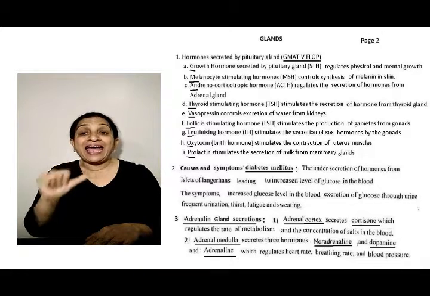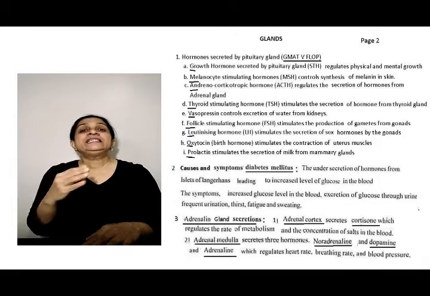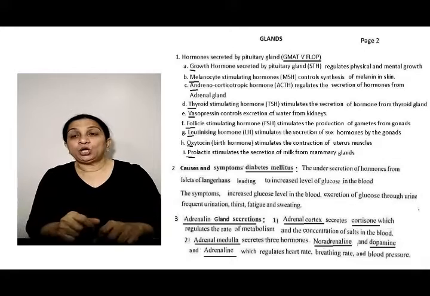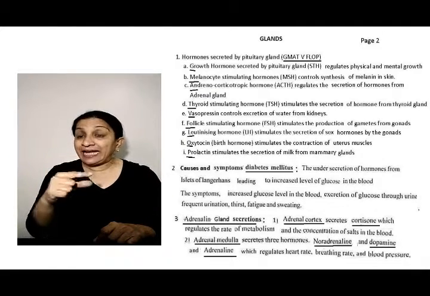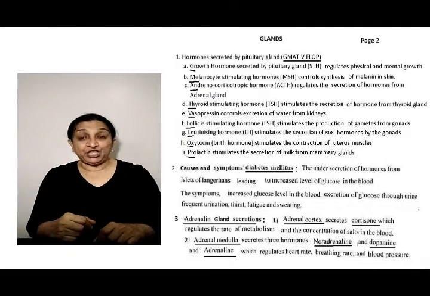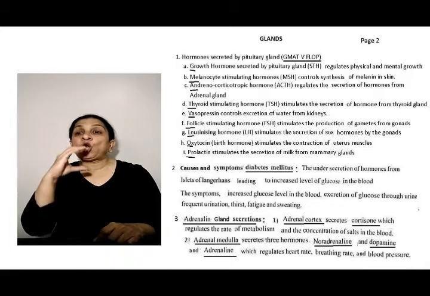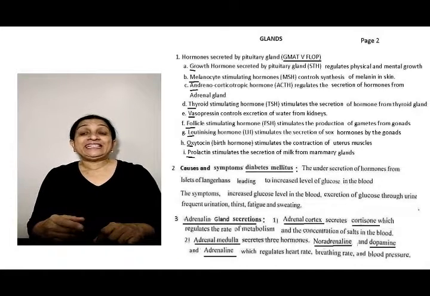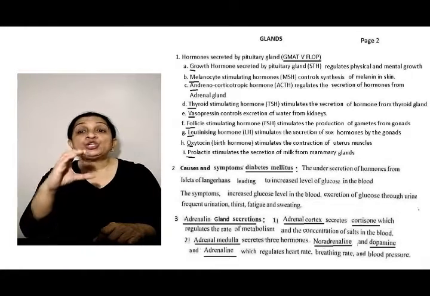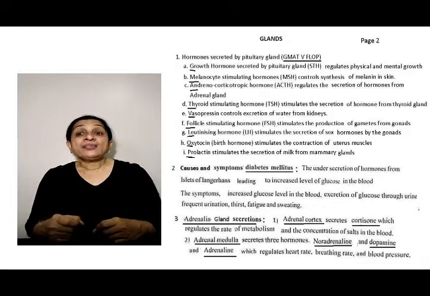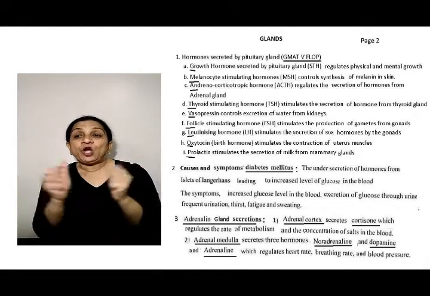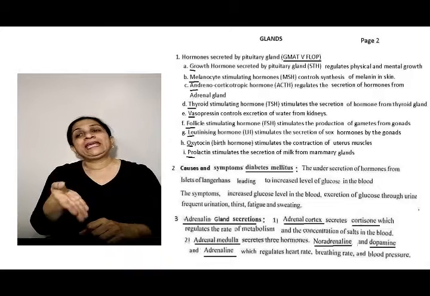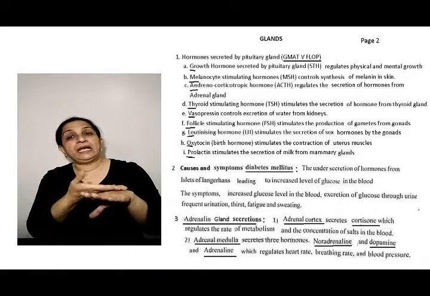Then you have the adrenal gland secretion. First, the adrenal cortex secretes the hormone called cortisone, which regulates the metabolism and concentration of salts in the blood.